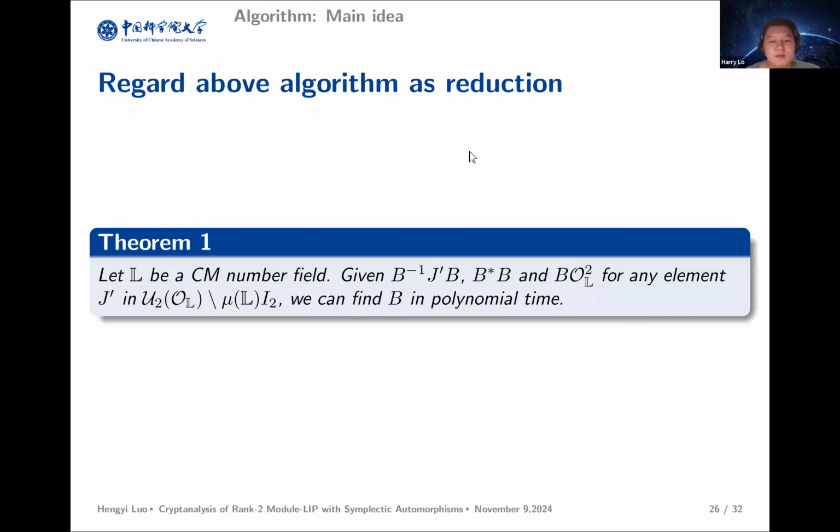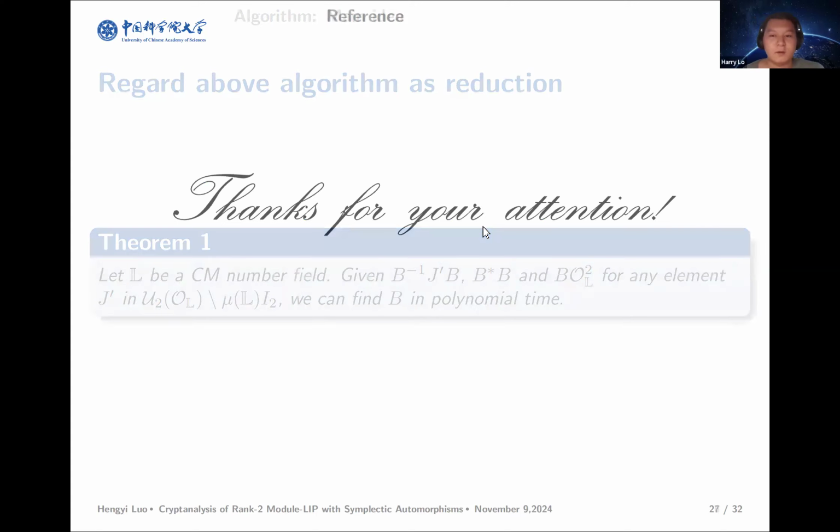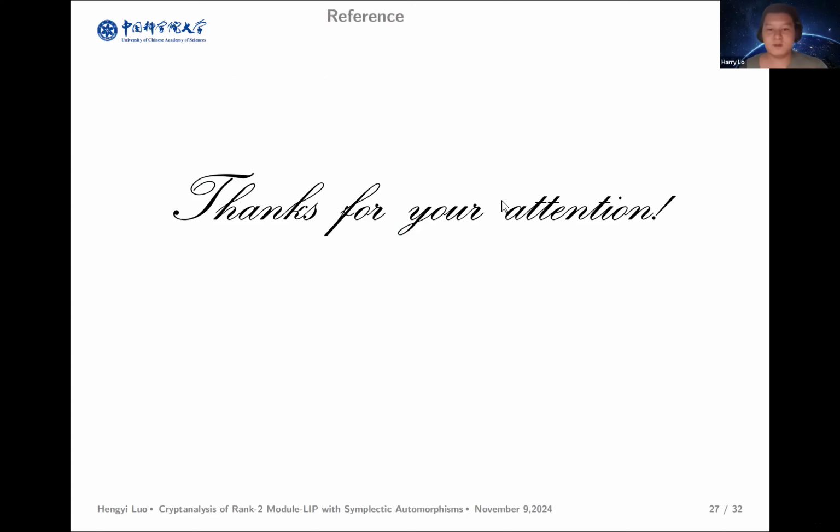Finally, we note that the algorithm can replace J sub 2 with a unitary matrix over O sub M to get such a reduction. That's all. Thanks for your attention.